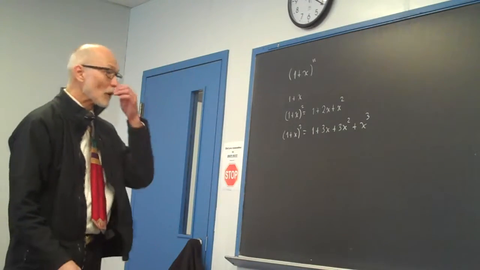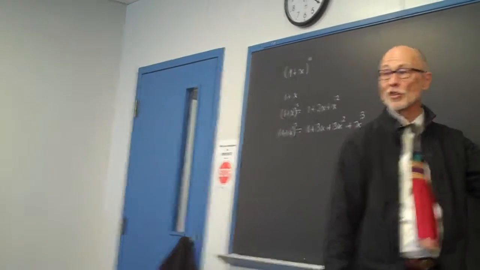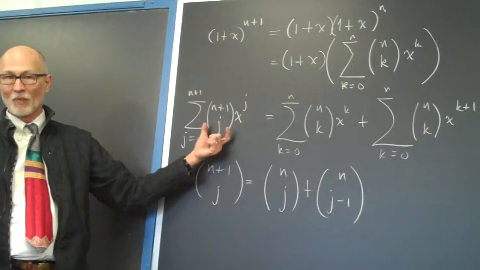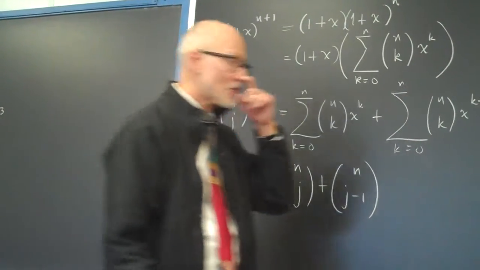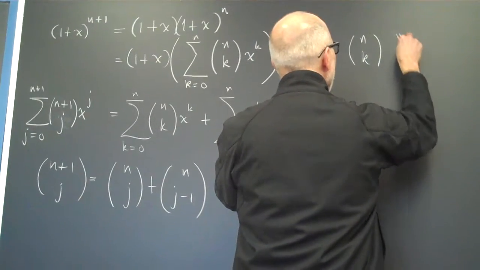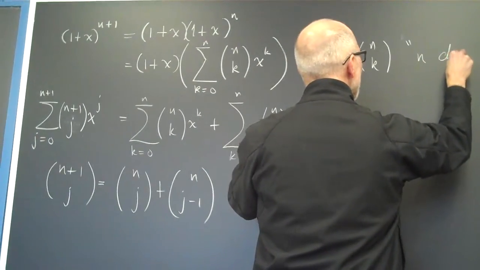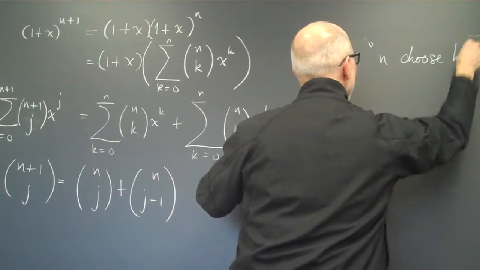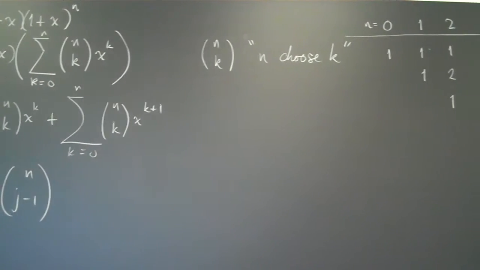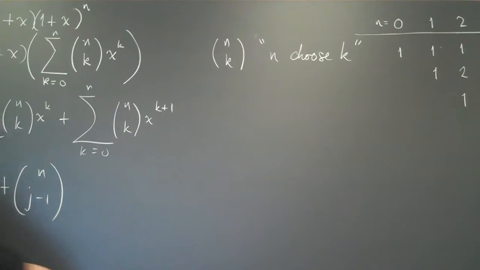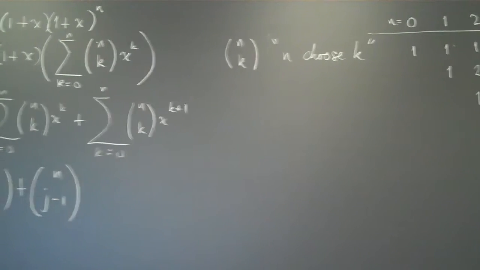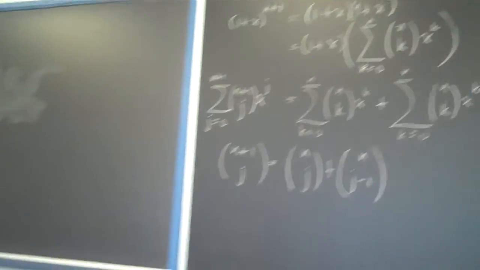Now, yes, these are the binomial coefficients, but this is not how you say this symbol. So this symbol is pronounced in the following way. It's called n choose k. So let me tell you why this is called n choose k. The binomial that I take the power of can be any binomial.